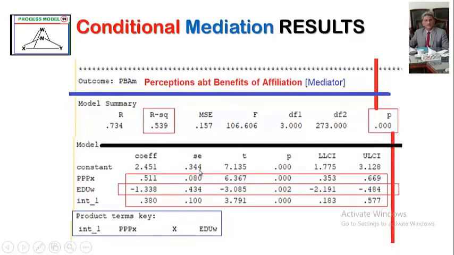The first result about the relationships of variables in the model is about the perceptions about benefits of affiliation. Three variables have been used: the perceptions about political parties, education, and the interaction term, which is actually the result of multiplying X with M. So we can see that R square is 0.539, 54% of change in the outcome variable, benefits of affiliation, has been predicted by these three variables.